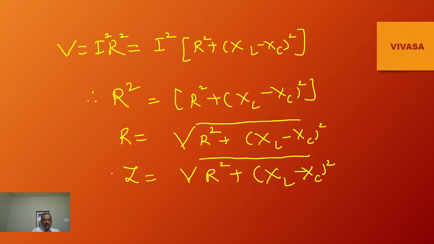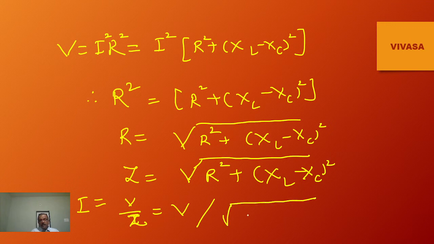And if you want to find I, Z is equal to V upon I. Then I is equal to, by Ohm's law, V upon Z. Now you can write the value of Z under the square root here: I is equal to V divided by the square root of R square plus (XL minus XC) whole square.